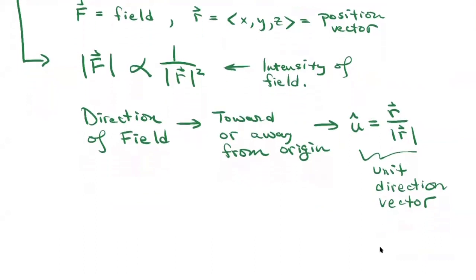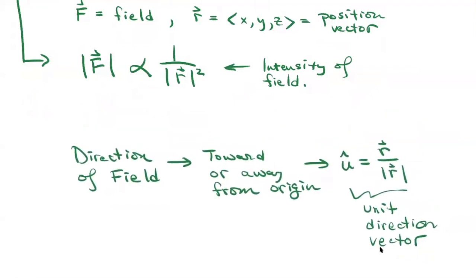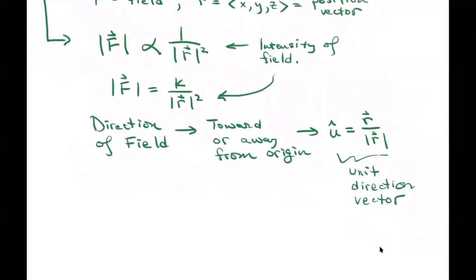And then again, to say that the field is proportional to 1 over R squared, I probably should have said that the magnitude of the field is equal to a constant over the magnitude of the radius squared. So that's what this statement of proportionality is. Sorry to squeeze that in later. But fields, as any vectors, have direction and magnitude.